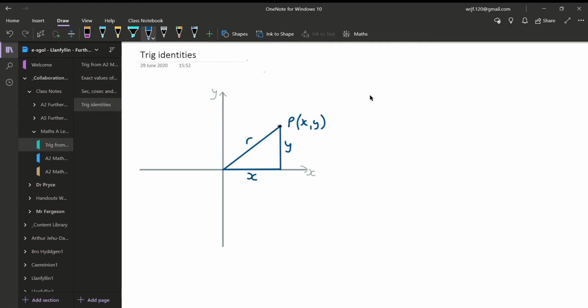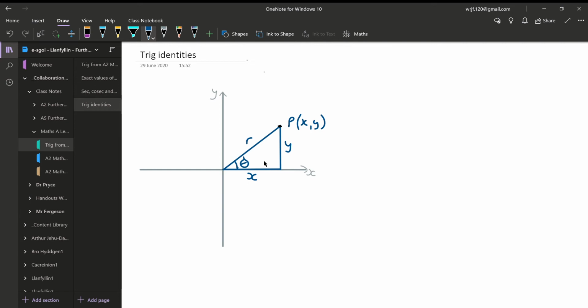Just thinking about the basic definitions of our three fundamental trig functions, with an angle theta between the positive x-axis and the hypotenuse of my right-angled triangle.